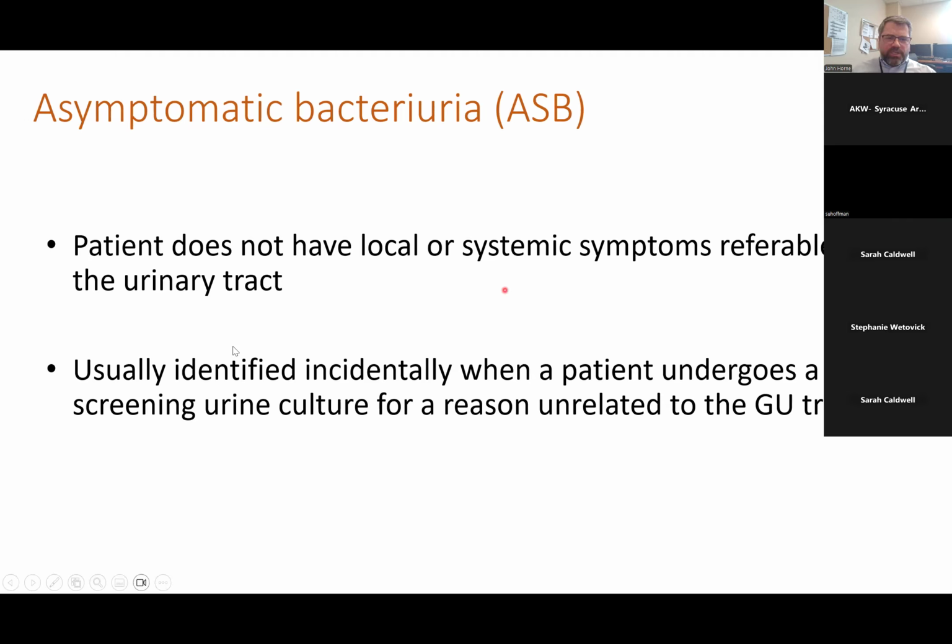Asymptomatic bacteriuria is usually identified when someone gets a screening urine culture or a urine culture for some reason. So ideally, the plan would be if they have symptoms to get a urine culture with the intention to treat. So if they grow something, you intend to treat it, rather than getting a culture and then deciding later whether you want to treat or not.